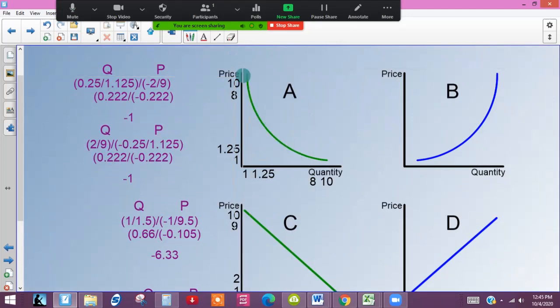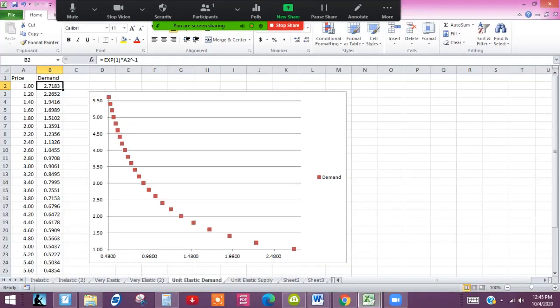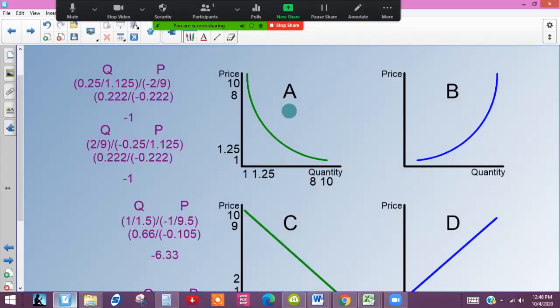And this isn't exact. The one that's exact is the one that I actually did on the spreadsheet over here, but it's close. I can only draw it so well, so we're just going to make that assumption.